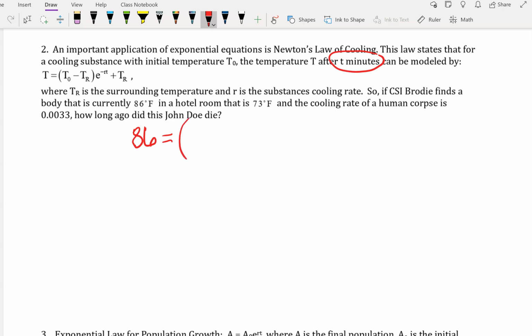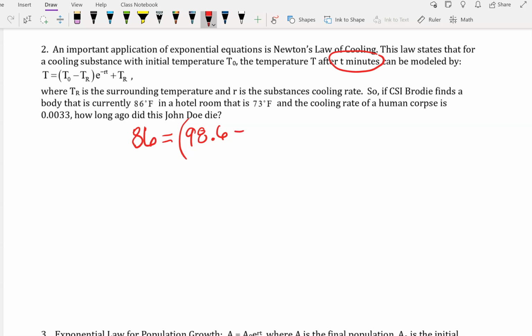T sub 0 would be the initial temperature of the body. So they didn't write it in here. But I believe the initial temperature of a body we're going to assume is 98.6, which is kind of the standard. I believe that's the standard body temperature. We're just going to go with that.